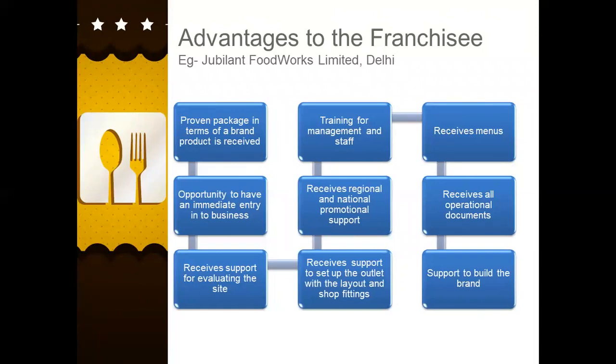They also receive support in setting up the outlet with the help of layout and shop fittings. Menus are given by the franchisor to the franchisee because they're already tried and tested. They also support with the SOPs, which are standard operating procedures. And in this bargain, both the parties, franchisor and franchisee, are building a very, very strong brand.